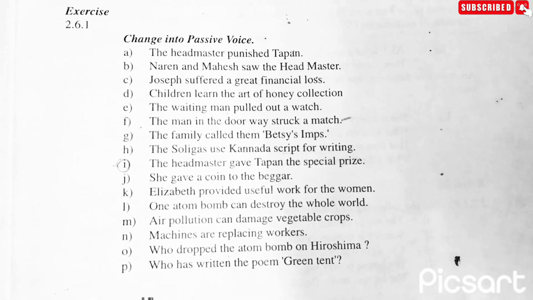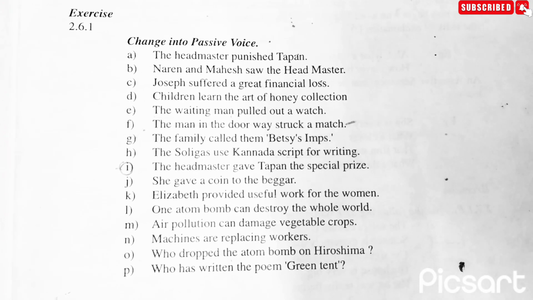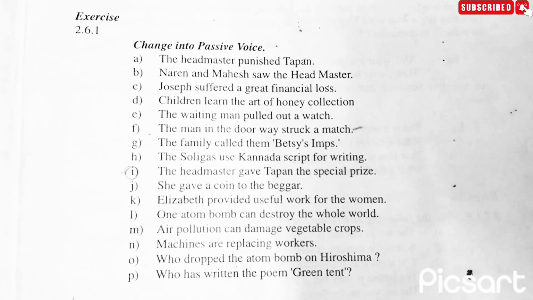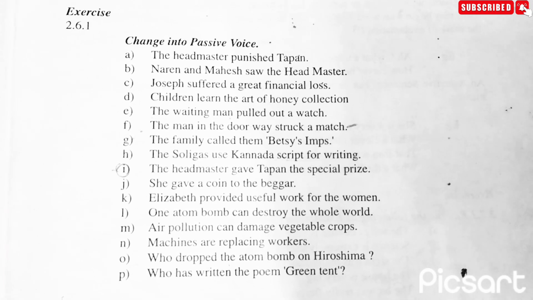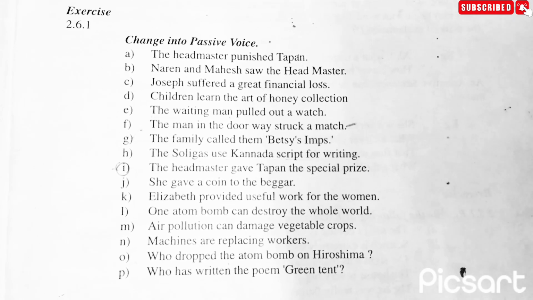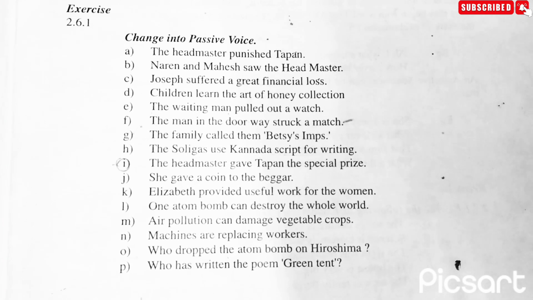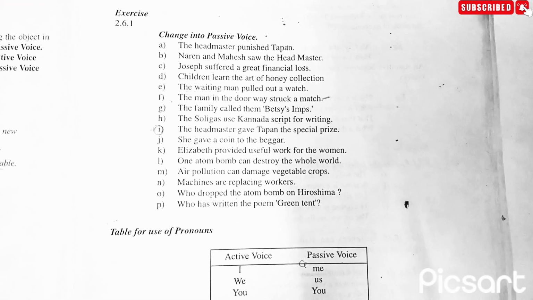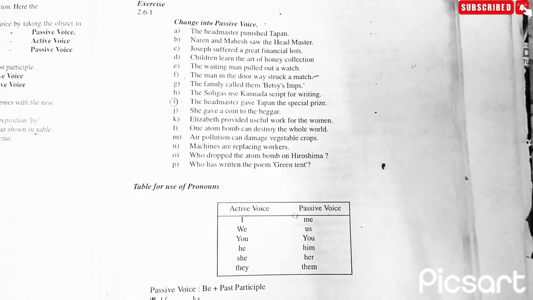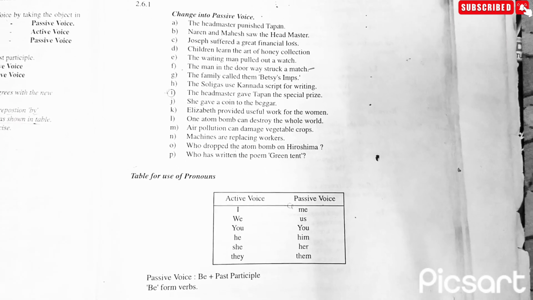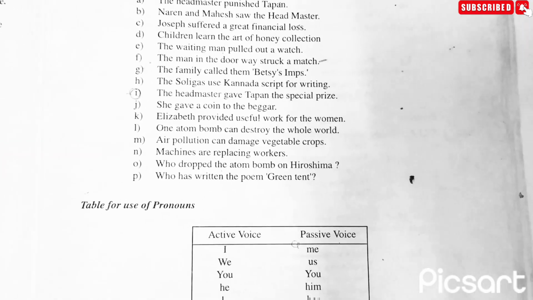The headmaster is a subject. Punished is a main verb in past form. Tapan is an object. Object changes into subject. Tapan, to be form is was because it is past tense. Tapan was. Punish, V3 form punished. Tapan was punished. Preposition by the headmaster.